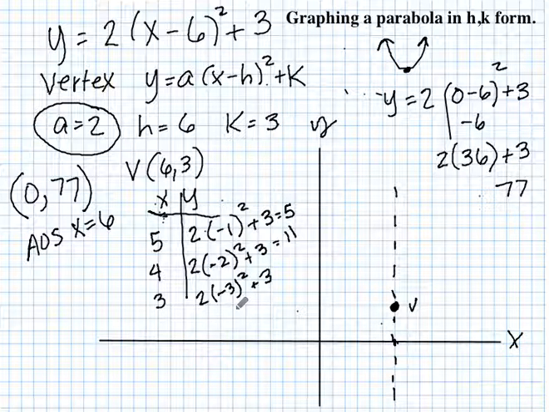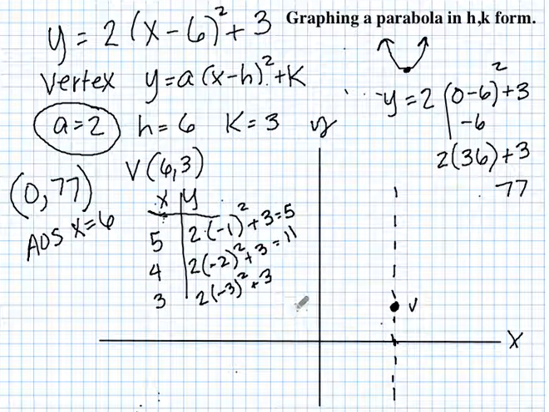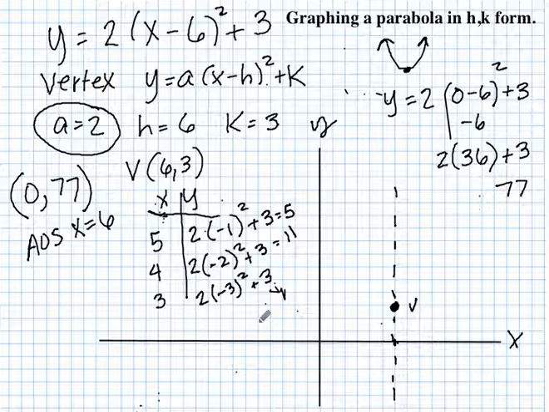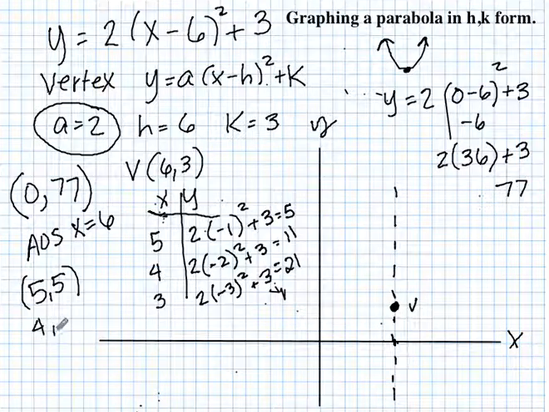Negative 3 times negative 3 is 9, times 2 is 18. 18 plus 3 is 21. Okay, that is probably going to be off the graph. I am probably not going to include that on the graph. So what I'm going to do is plot this point (5, 5), because this is a really good, valuable point, and I'm going to plot this point (4, 11). I think my graph can handle that.